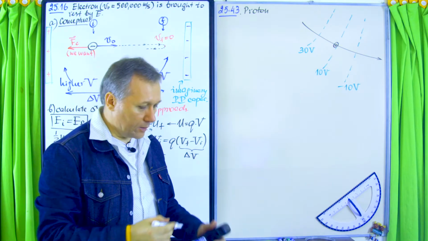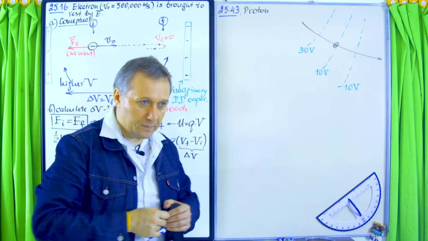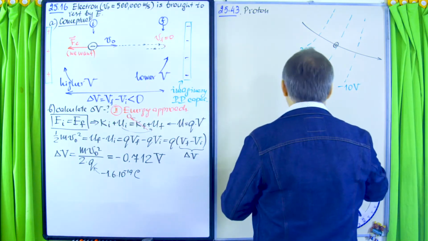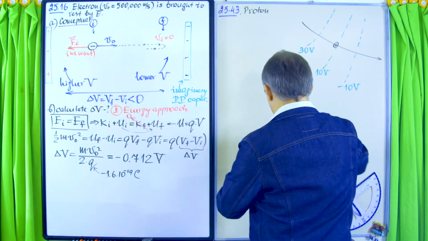Then there is an additional piece of information about its speed. Let me label this point, for example, as point A. Okay, let me use blue.